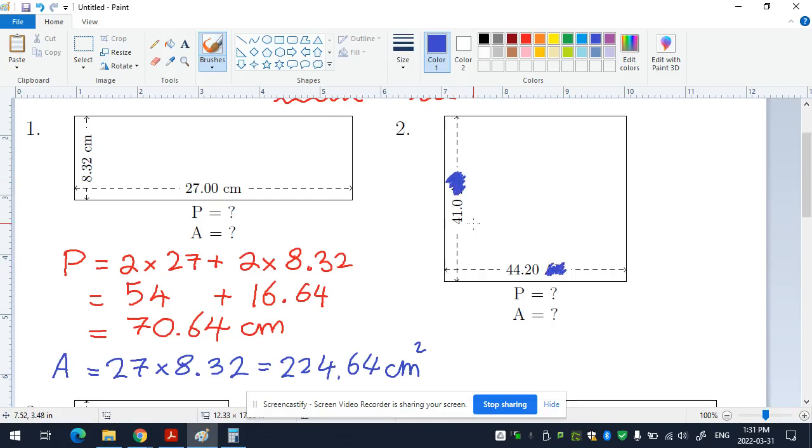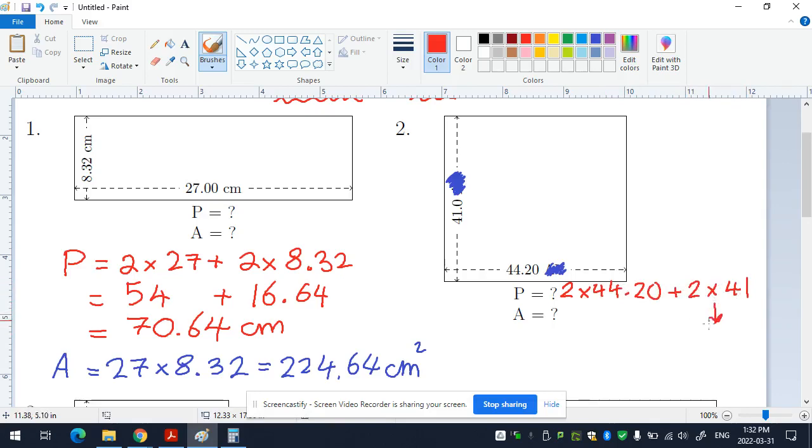Okay, perimeter. Can we do the exact same thing we did for the first rectangle? 100%. So I'm going to say here, I think we did perimeter in red. P equals, you know what? I'm going to see if I can fit some here. 2 times 44.2 plus 2 times 41.